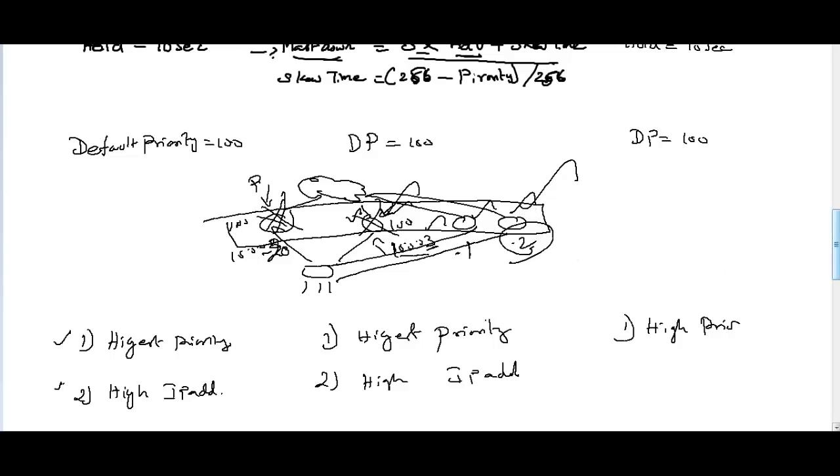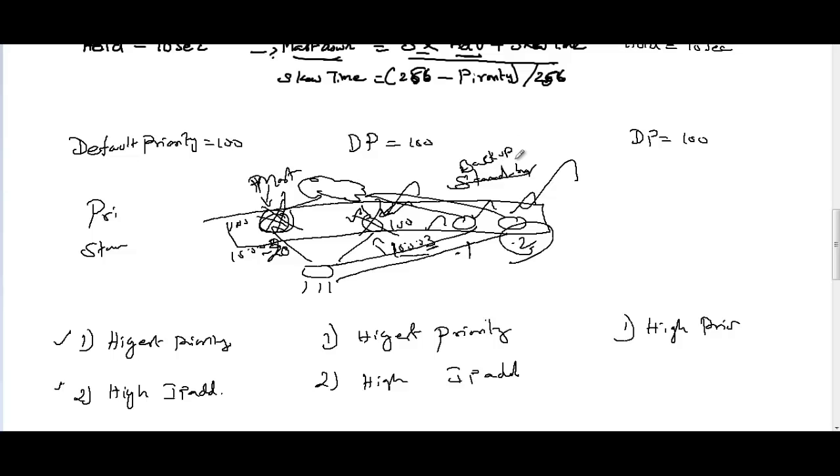Now in HSRP we call the active device as active and the other device as standby. In HSRP we call active and standby, whereas in VRRP we call it master and backup.